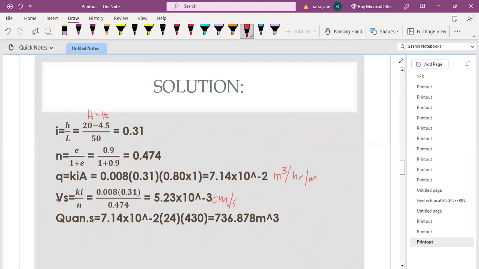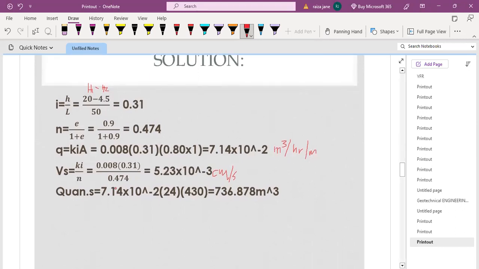Sabi niya dito, next. Determine the quantity of seepage per day of the dam of 430. So, ito yung Q natin, yung flow rate, 24. Kasi, within one day, is equivalent to 24 hours. Tama, di ba?